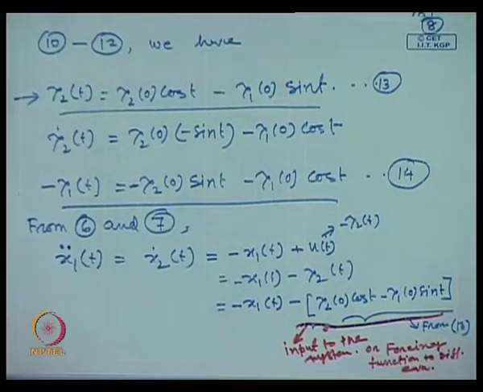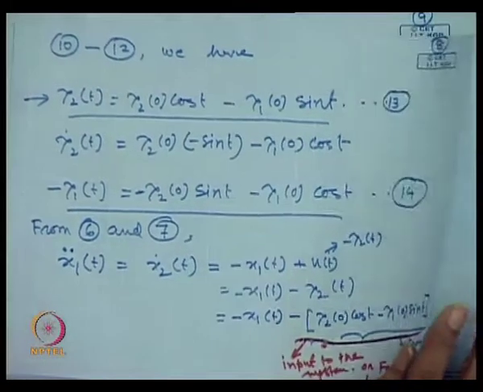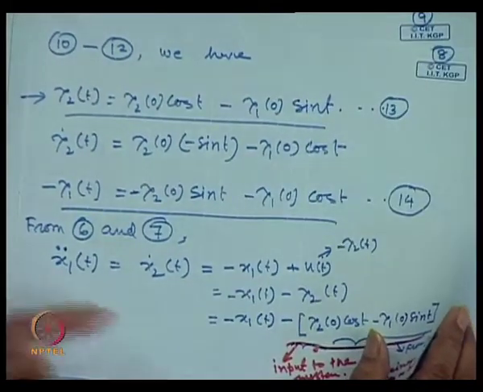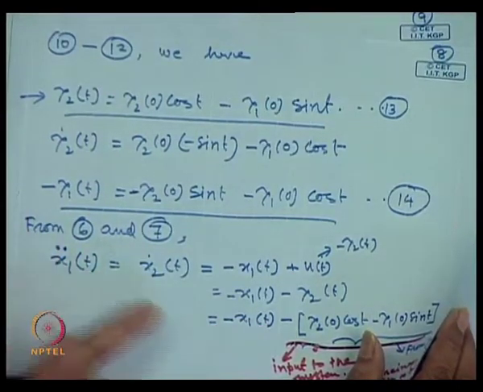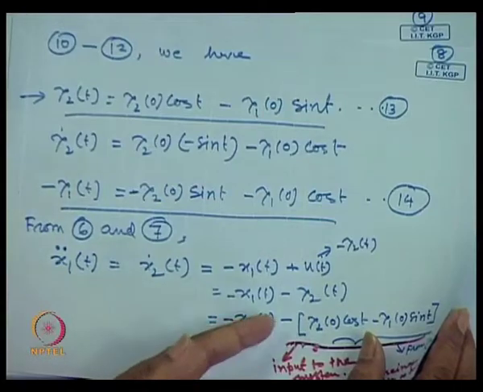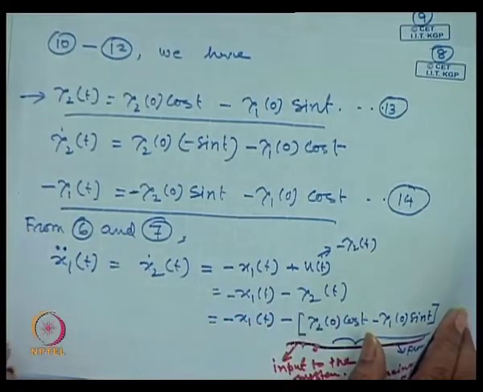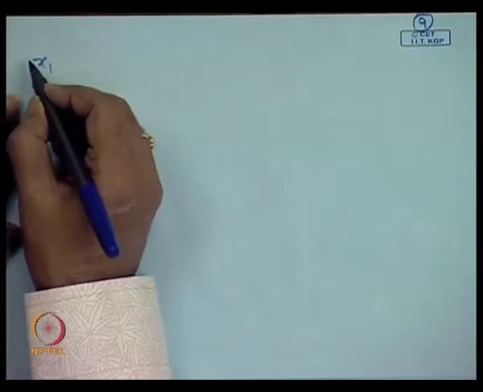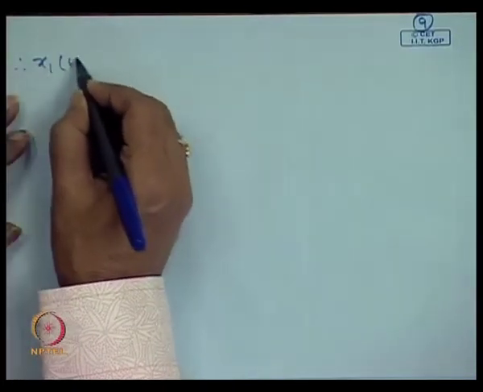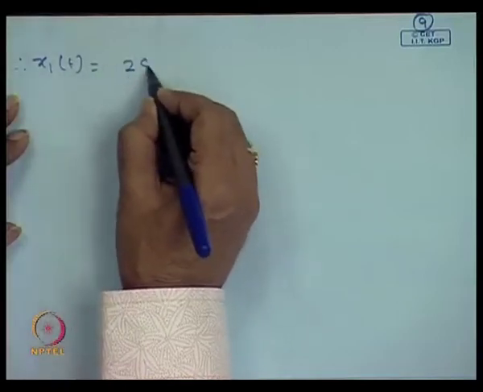Okay. So now this solution you can easily find out, because it is something like x1 double dot is equal to plus x1 of t plus some forcing function. So that solution one can find out easily. Let us call the solution x1 of t. Therefore, x1 of t is equal to twice sin t.